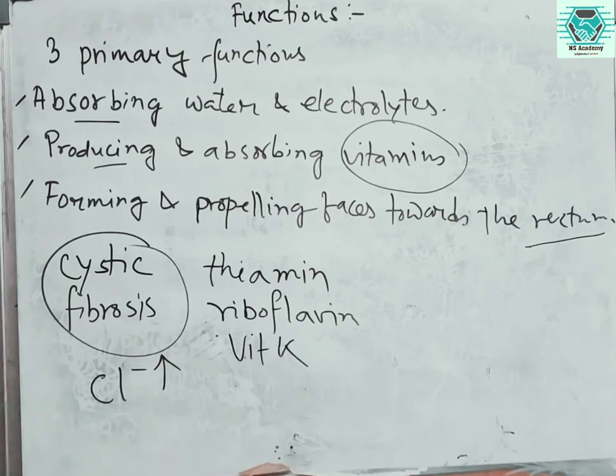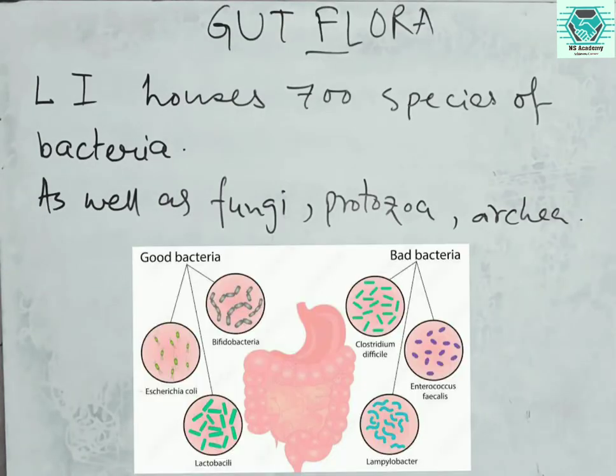So in today's video we have seen the structure, the physiology of the large intestine and its function. Now one most important thing is the gut flora. What is that? The large intestine houses 700 species of bacteria, and not only that, the fungi, protozoa, archaea, different types of things constitute the gut microflora.